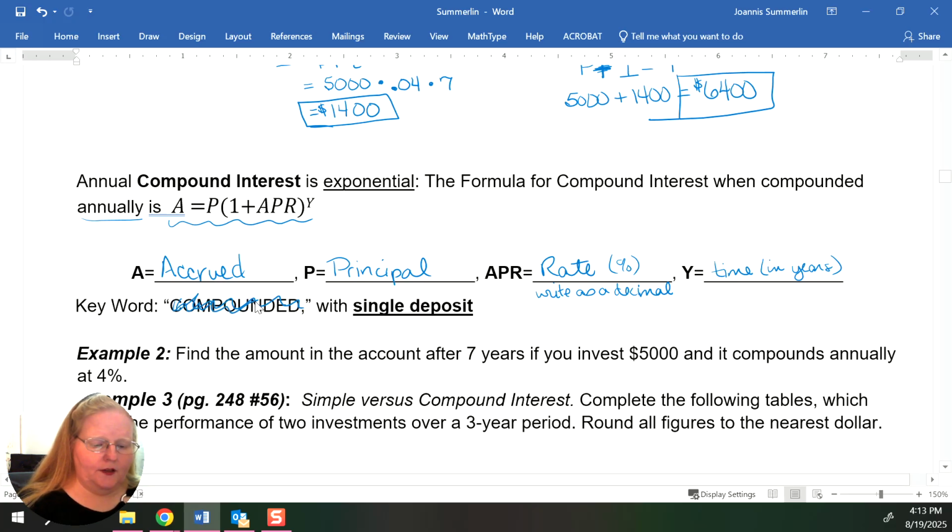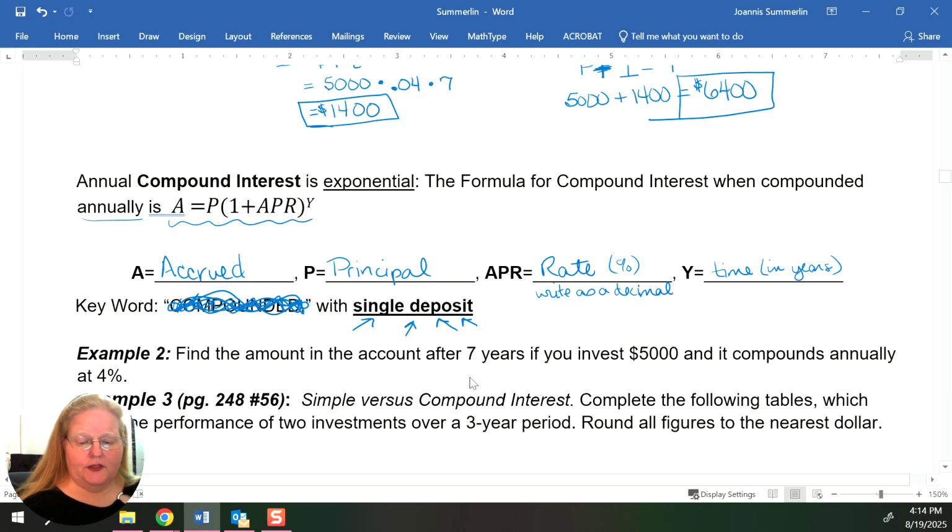That's not the trick. I left it there so that you know it is not the trick. The trick is when there is a single deposit. They don't say single deposit all the time. They mean that there is a single deposit.